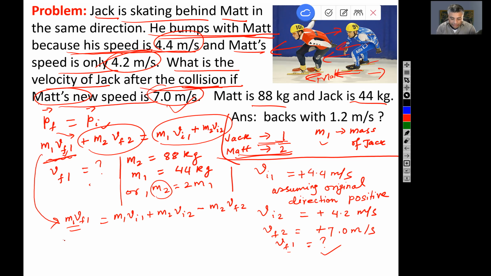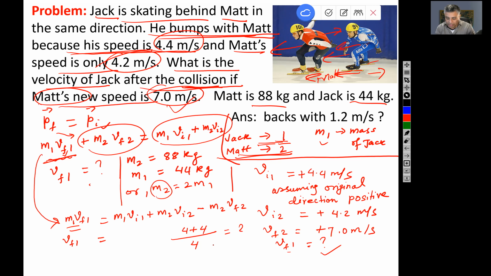So now, what is vF1 then? Everything divided by m1, isn't it? When we say everything divided by m1, that also means every term divided by m1. So either way is the same, okay? So for example, 4 plus 4, everything divided by 4, what is that? 8 over 4 is 2, right?